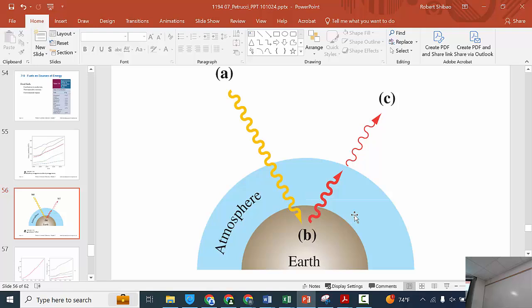greenhouse gas. And what greenhouse gases do is, let's say we have light coming in here. This curvy line here is supposed to represent a wave of light. So light comes in here, gets absorbed, and whatever absorbs it doesn't stay excited. Eventually it will drop to the ground state and emit radiation.